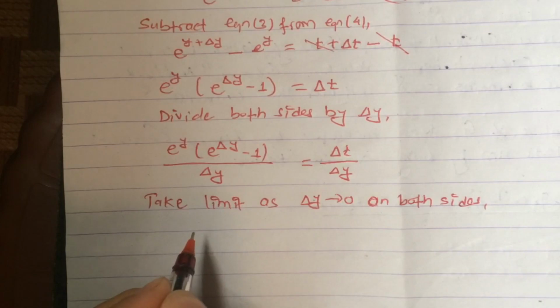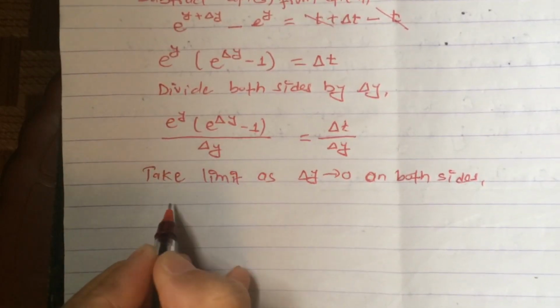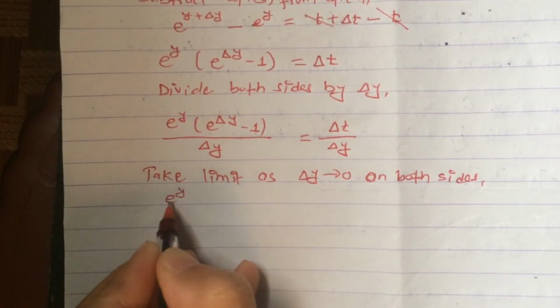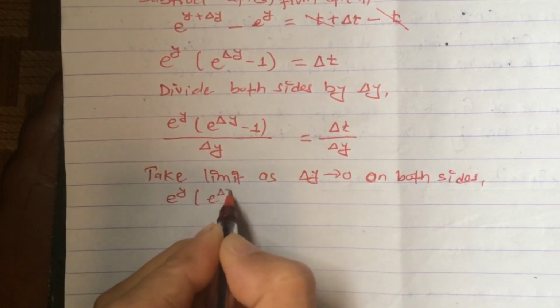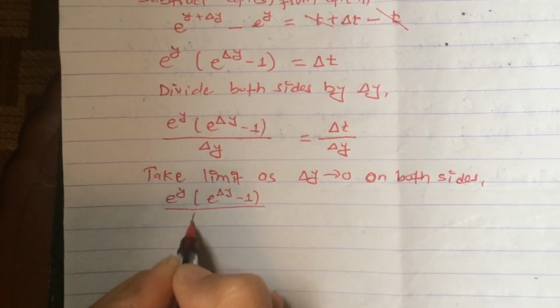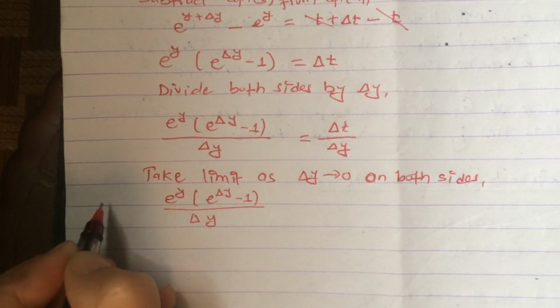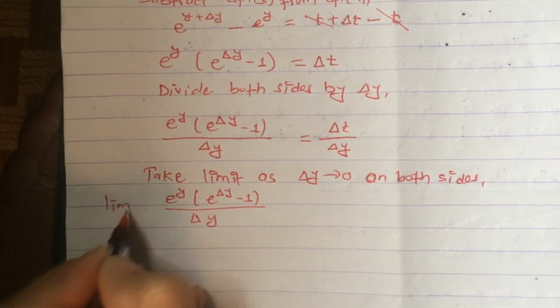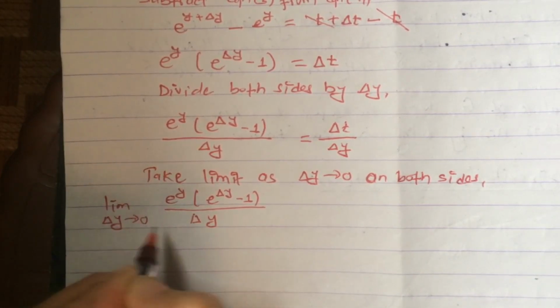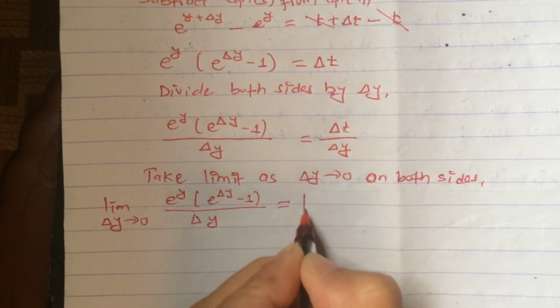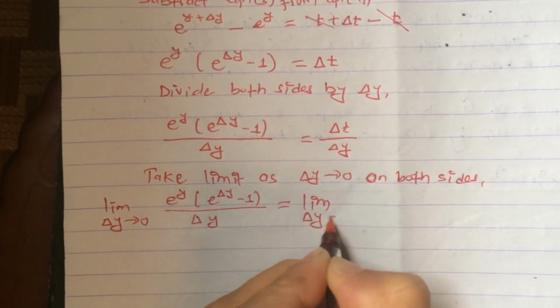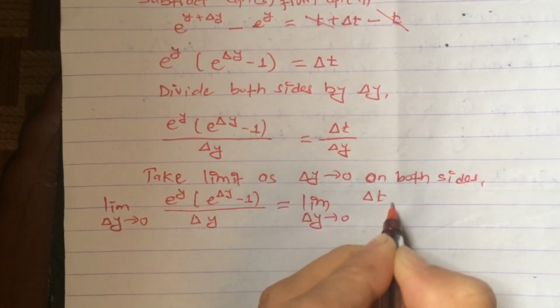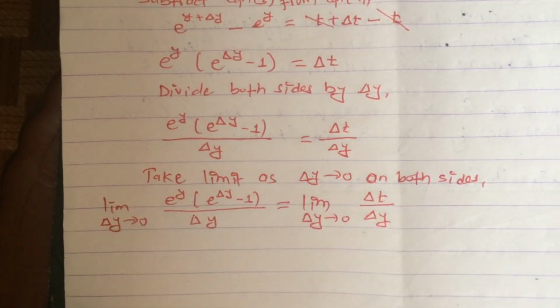Taking limit as del y tends to 0 on both sides, what we get is e^y times the limit as del y tends to 0 of (e^(del y) minus 1) divided by del y is equal to the limit as del y tends to 0 of del t divided by del y.